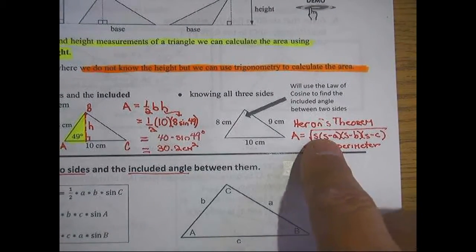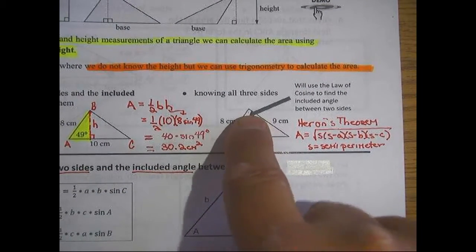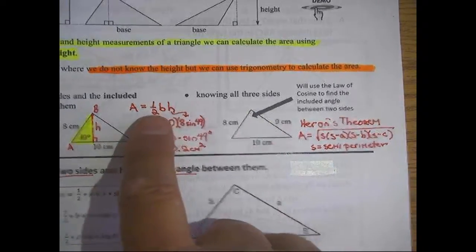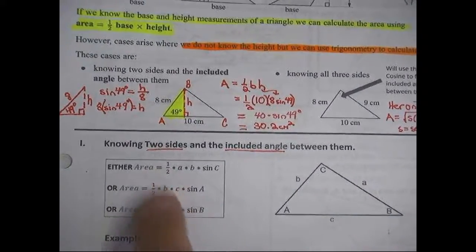So Heron's theorem is a workaround until we can figure out what those angles are. Once we can get what that angle is, then I could use this.